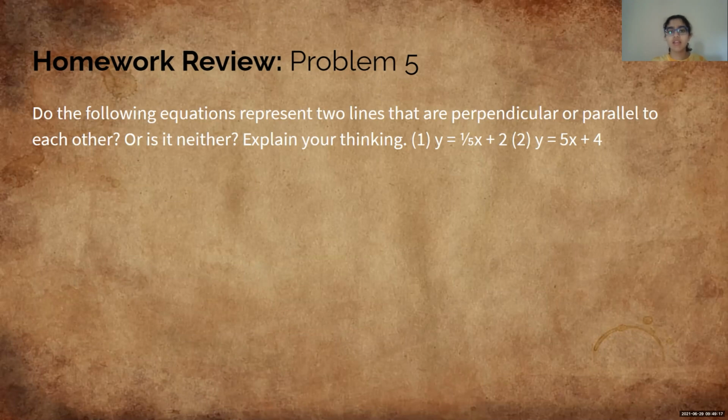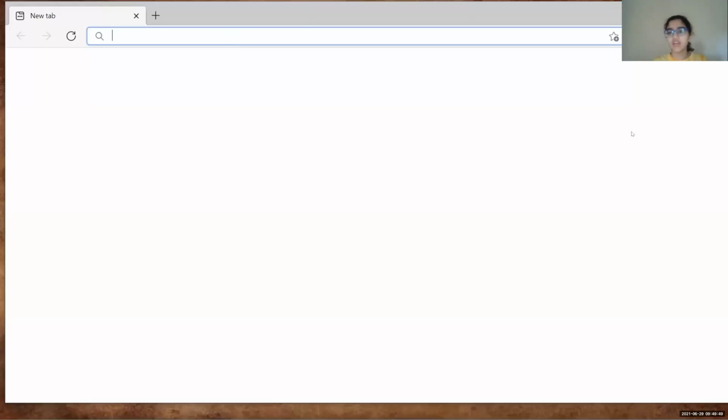Perpendicular lines have opposite reciprocals, so the sign is opposite and then it's a reciprocal. For example, -3's opposite reciprocal would be 1/3, right? So we look at this and we see that 1/5's opposite reciprocal would be -5. However, -5 is not equal to 5. So these lines are not perpendicular either, which means these lines are neither. So everybody should have gotten neither.